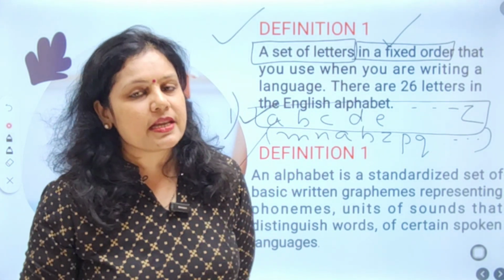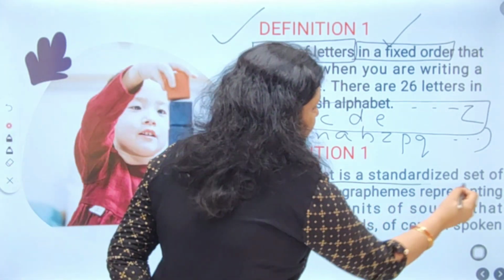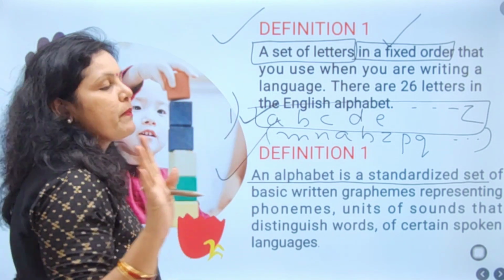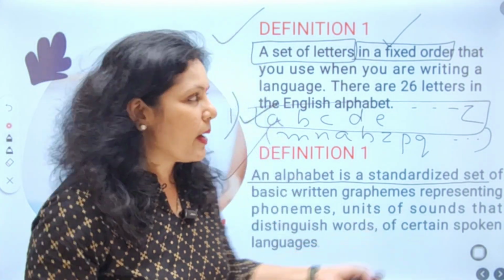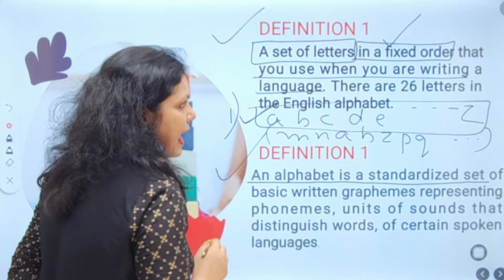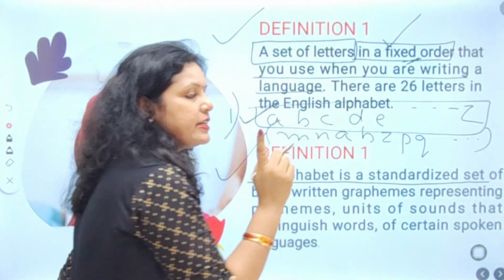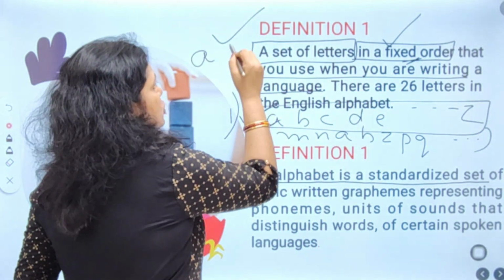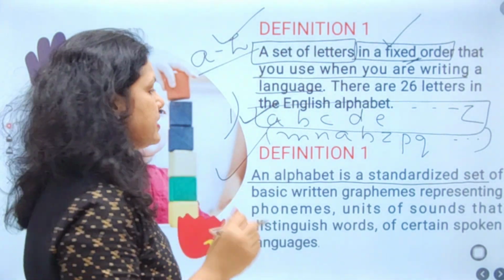Any set of letters in a fixed order, where the order needs to be maintained, that is A to Z, then only it will be called the alphabet.